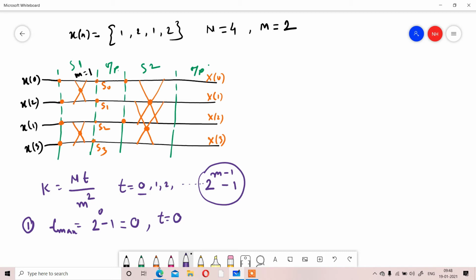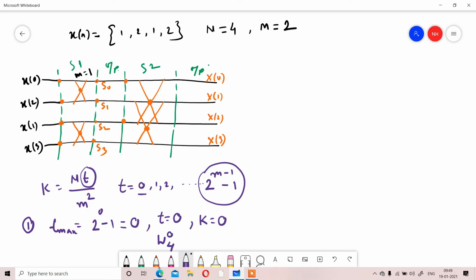So k value with respect to that will also be 0, as t is 0, whatever the value of n, whatever the value of m, it is multiplied by 0. So k will also be 0. So for first stage, each butterfly set will start with the w value as to the power 0.